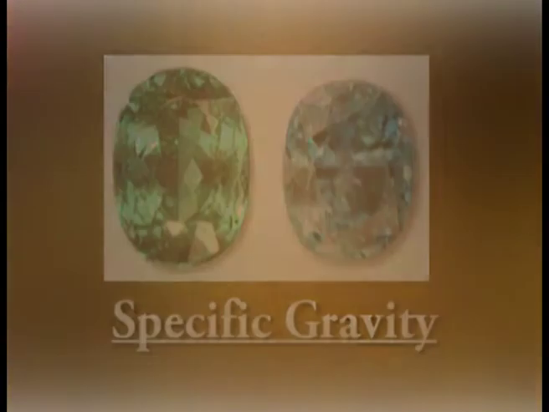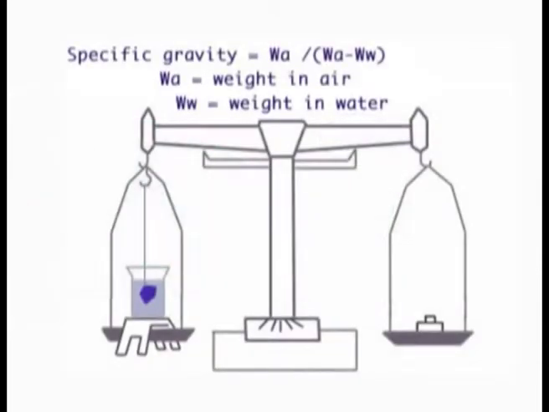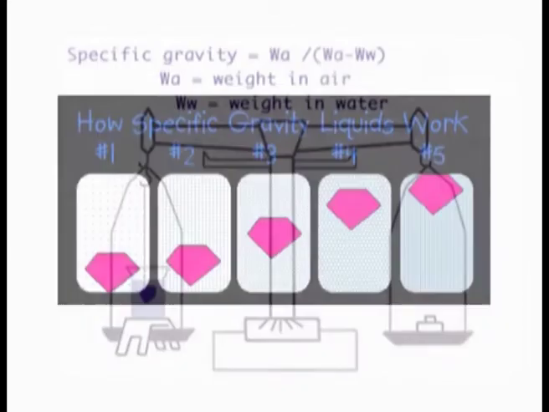Specific gravity. The specific gravity is the measurement of the density of a substance. Scientifically, specific gravity is defined as a ratio of the mass of a given material to the mass of an equal volume of water at 4 degrees centigrade.